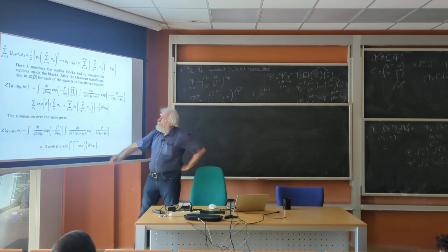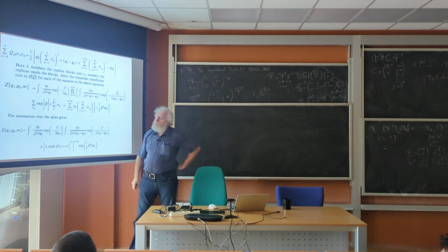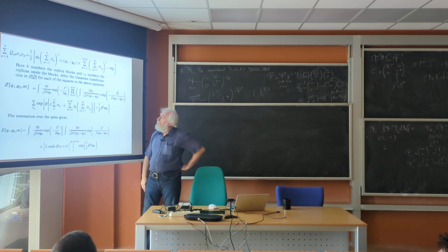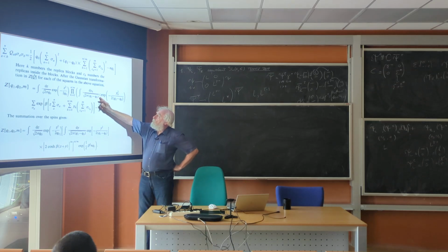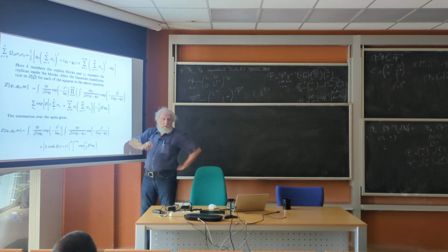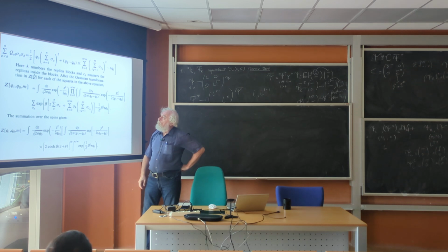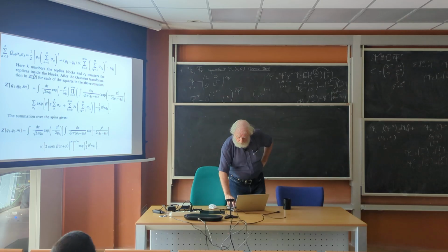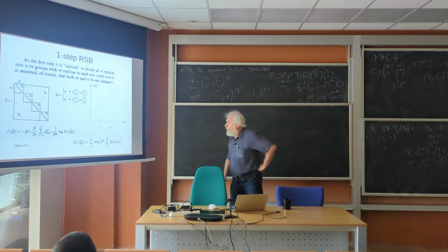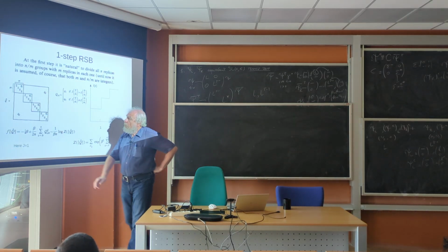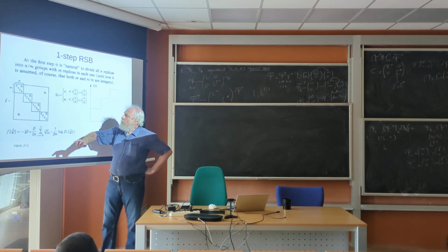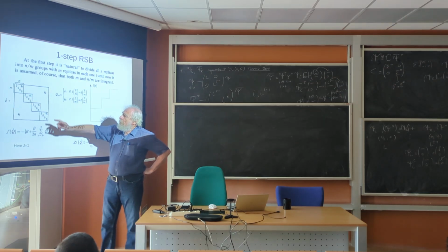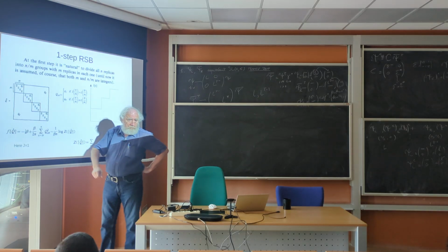So there is Gaussian field Z with variance Q naught, and there is some number of additional random fields Y. The number of these is the number of blocks, which you see here. You see that the size of the matrix is n, size of block is m, so there are n over m of these blocks.